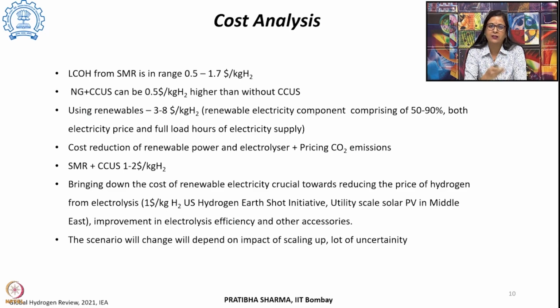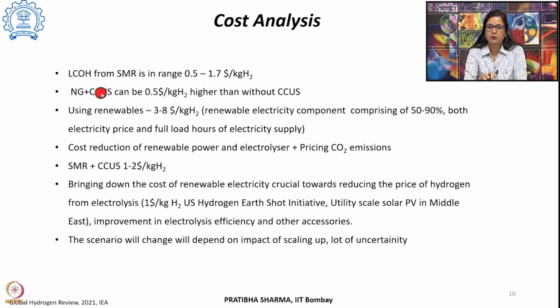So, a price associated with carbon dioxide emissions will also reduce the gap between fossil fuel based production and renewable based production. For example, if $100 per ton of carbon dioxide cost is added for the carbon dioxide released in the environment, then the cost of production from natural gas will increase by $0.9 per kg. So, this is one more method by which the gap between the two prices can be reduced.